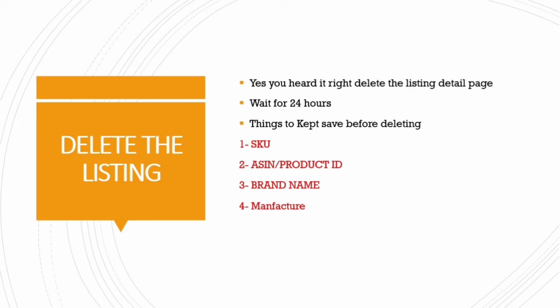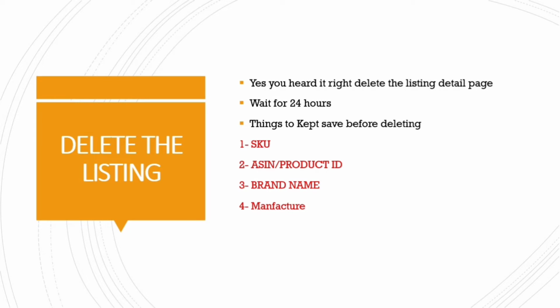When you delete your listing, you need to make sure that you have the following four items with you saved. First is obviously the SKU. Whatever you have typed initially, just save that. Your product ASIN, or maybe product ID. You can save either one of these, and obviously the brand name. And if you have mentioned any manufacturer name previously, you need to save that as well.